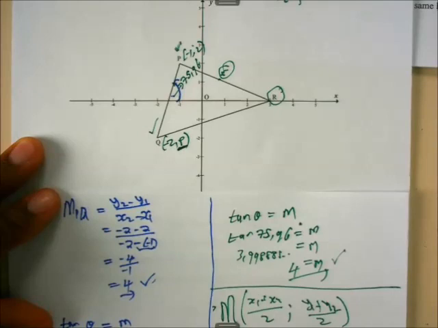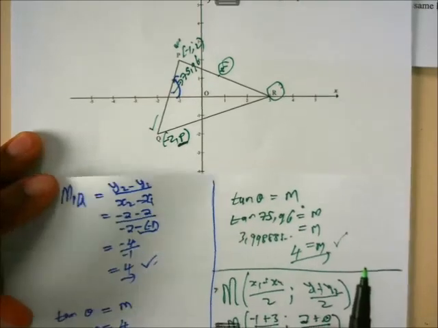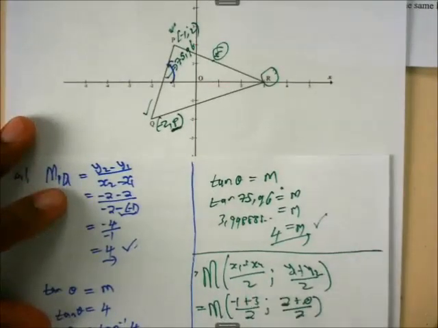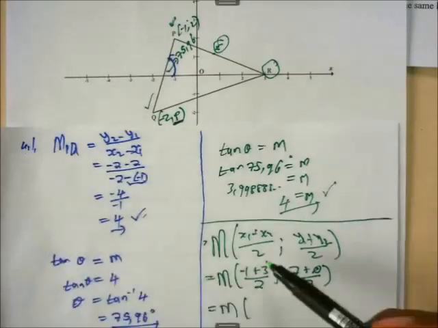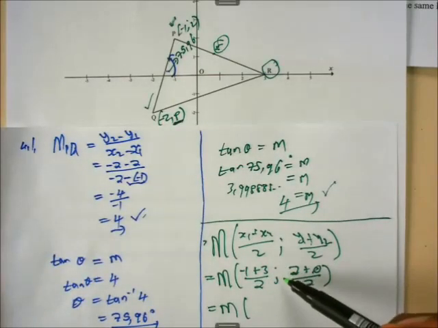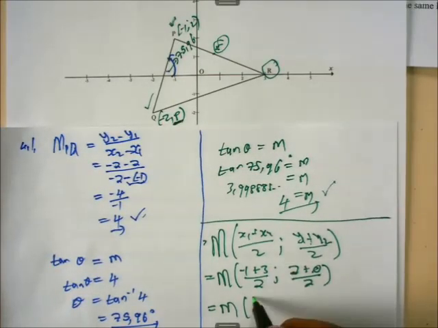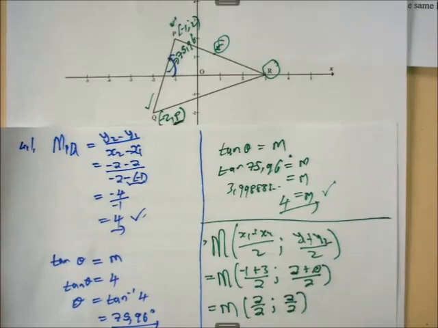Now from here, we can simplify. Then we have minus 1 plus 3. What is minus 1 plus 3? Minus 1 plus 3 is 2. Is that correct? Yes. That is 2 divided by 2. And then 2 plus 0, of course, is 2. We divide by 2 as well.